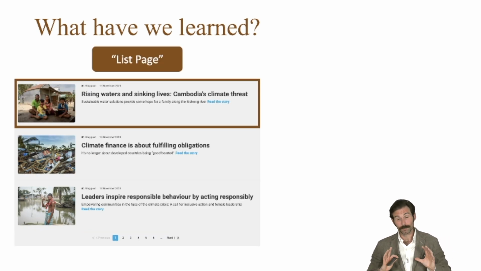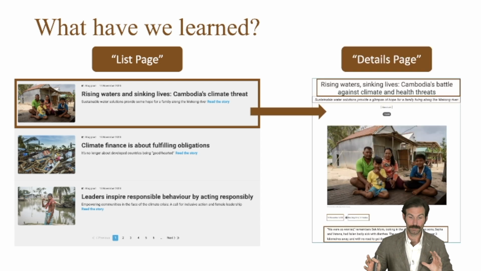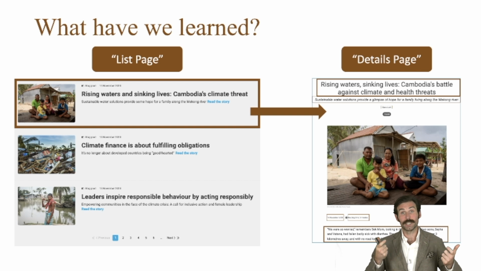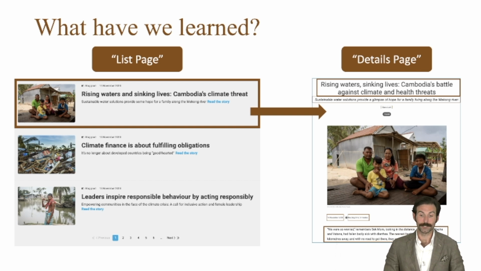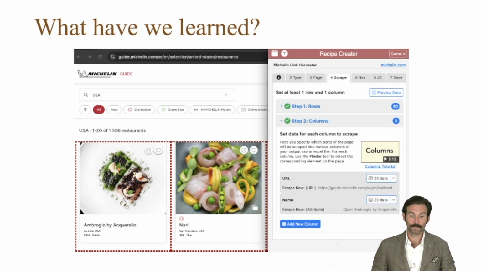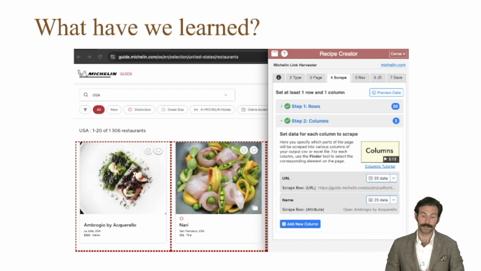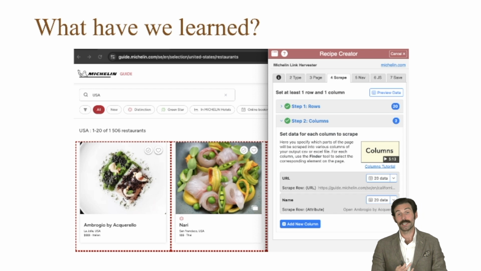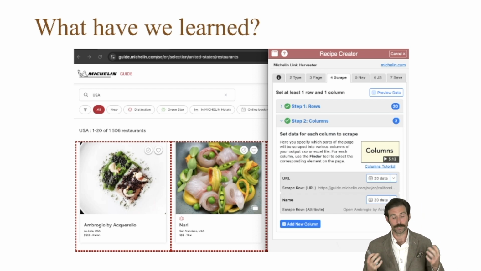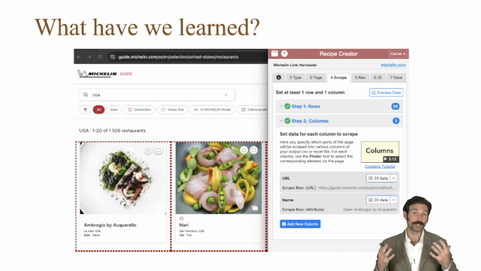We've also learned the difference between list pages and details pages, and that we have to make two different recipes to collect the data from each type of page. And we've also learned how to customize recipes to get things like hyperlinks and text data, such as the names of our Michelin star restaurants.